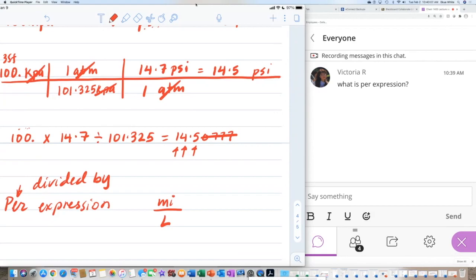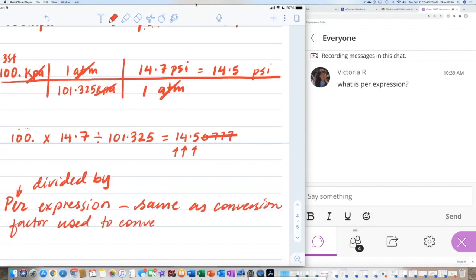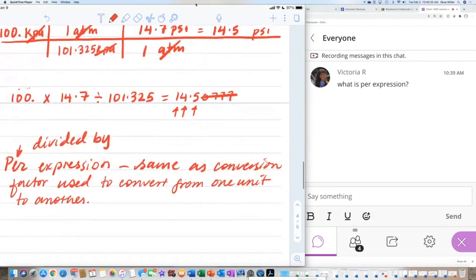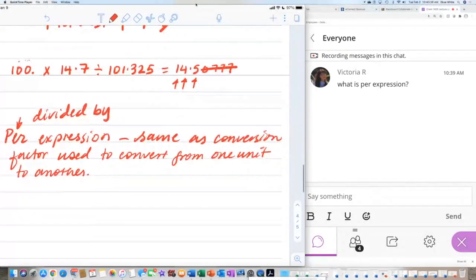It's the same thing as a conversion factor, which is used to convert from one unit to another. Yeah, because it's kind of the same thing.